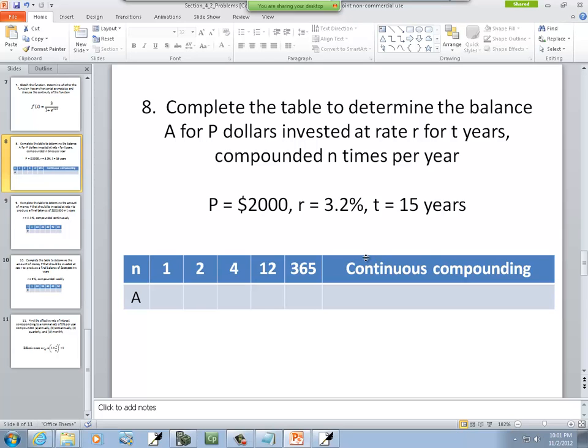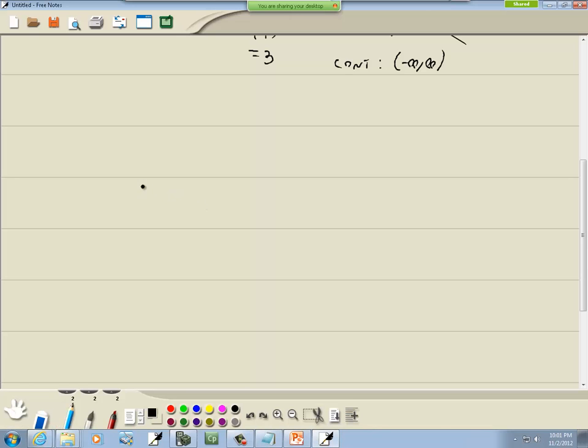Well, we've got two formulas we're going to be working with here. These are our interest formulas. One of them doesn't say continuous.